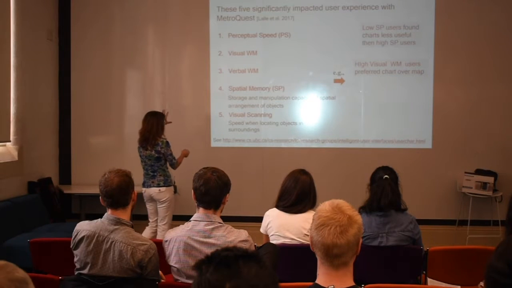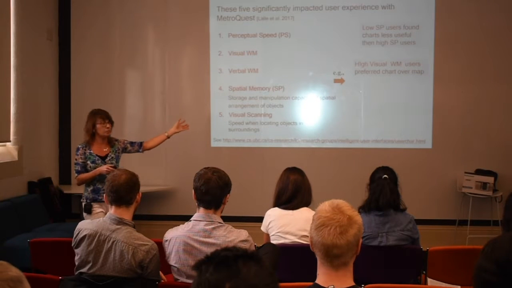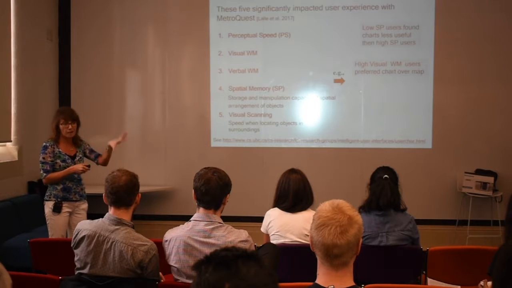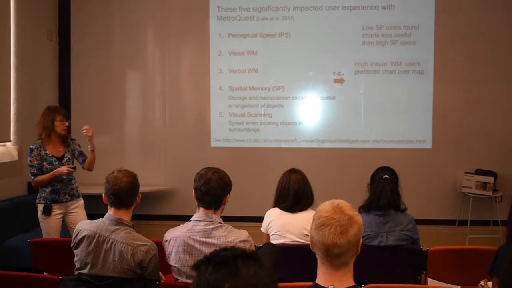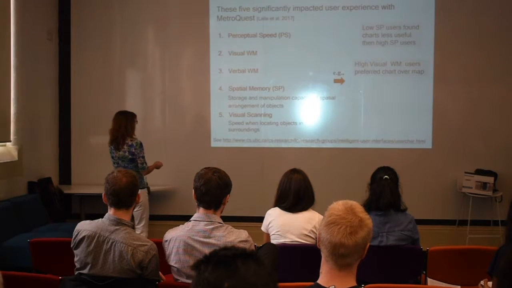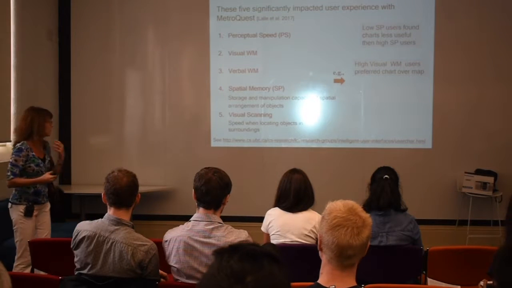We tested 3 user characteristics that we had tested before: perceptual speed, visual working memory, and verbal working memory, and they were found again to have significant impact on performance. The other 2 that came out are more related to processing spatial information with maps and the deviation charts.